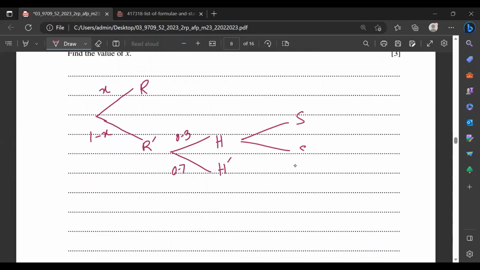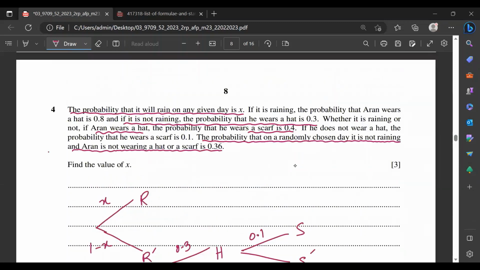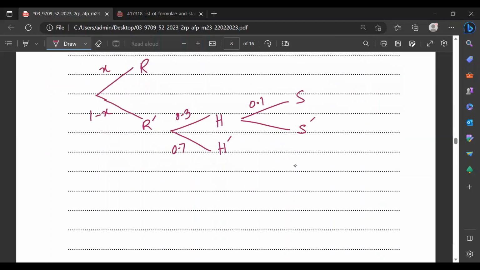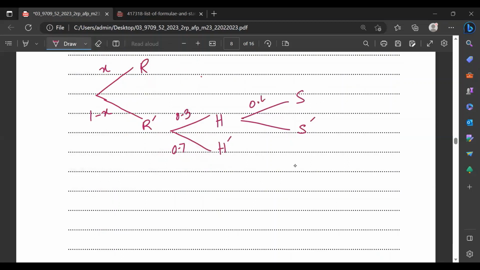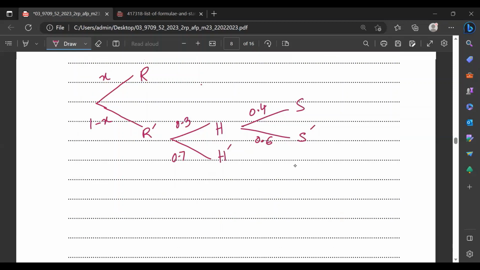Scarf, no scarf. Sorry, not 0.1, it is 0.4. You can complete the rest of the tree, but we just focus here.